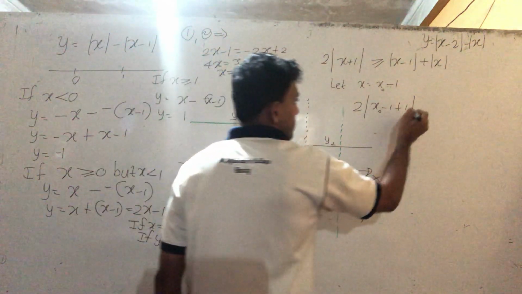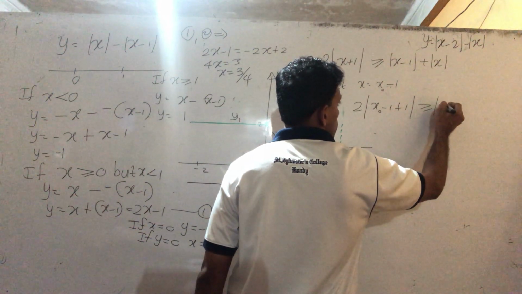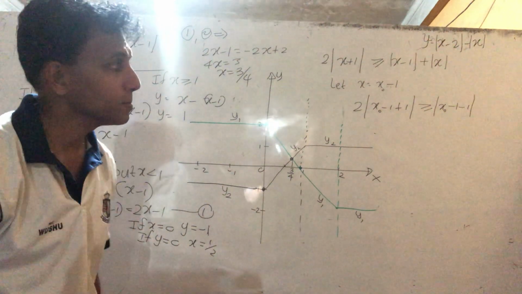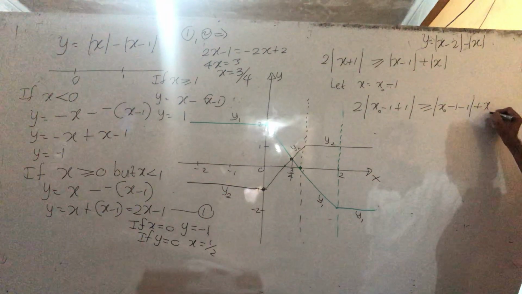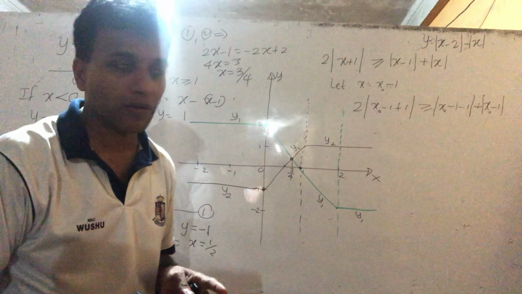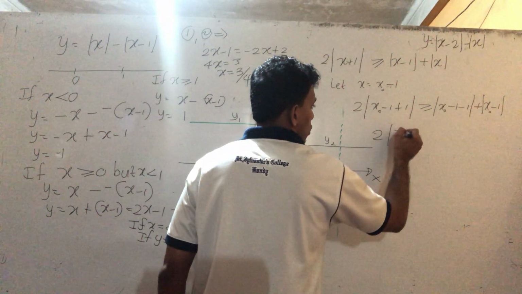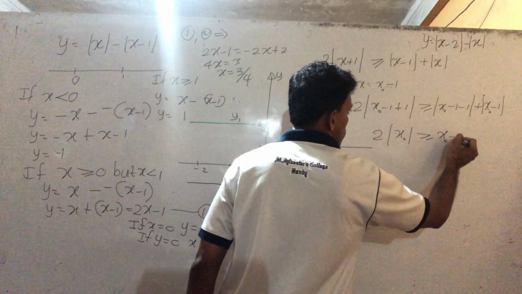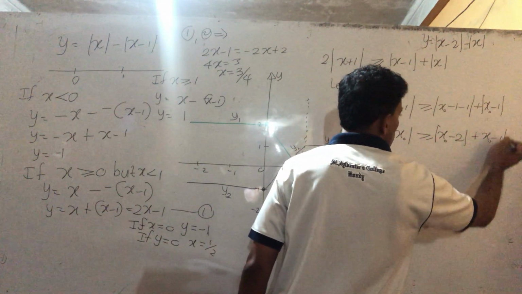Greater or equal, x equals x naught minus 1, and the other side plus modulus of x equals x naught minus 1. Remember there is no x naught, that is x later. So what happened: 2 times x naught is greater or equal to modulus of x naught minus 2 plus modulus of x naught minus 1.